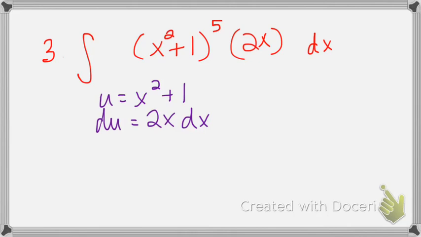After you decide what u is going to be, and after you find the derivative, you're going to go back and take those things and substitute them into the problem. So I'm going to rewrite the problem. x squared plus 1 is u, so I'm going to have u to the 5th.